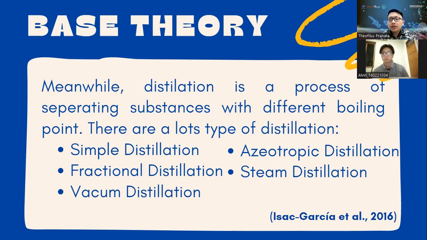Each of them is unique. For example, the simple distillations used to separate two compounds in mixtures, while the fractional distillations used to separate three or more compounds, while the vacuum distillations is usually used to separate mixtures that can't handle the high temperature.